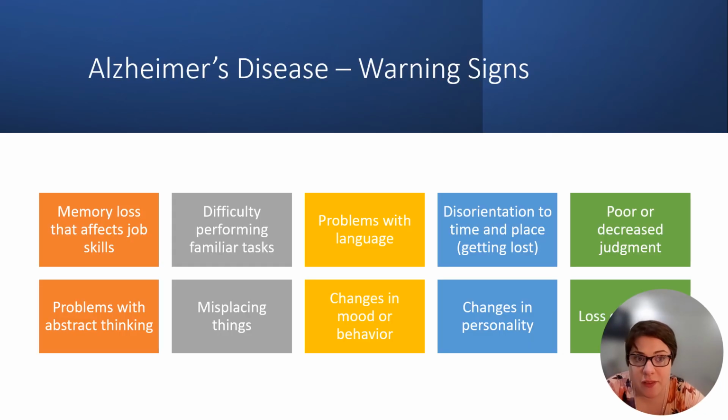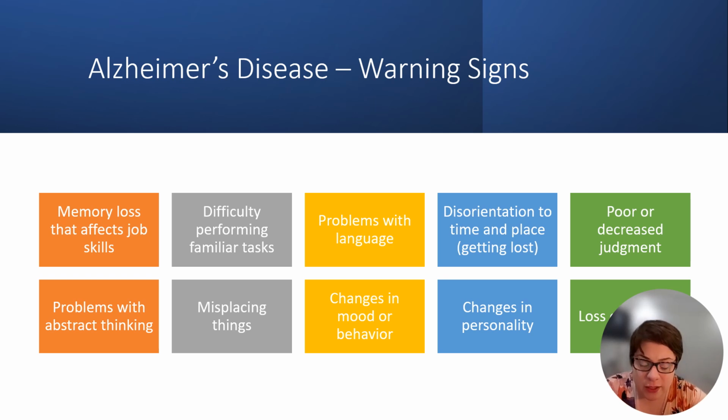So what are the early warning signs associated with Alzheimer's disease? Well, just like any other neuropsychological disorder, really what we're looking for is a significant loss of function, and specifically a loss of function that was present prior to the development of the disease, obviously.